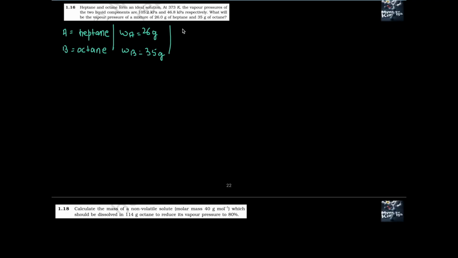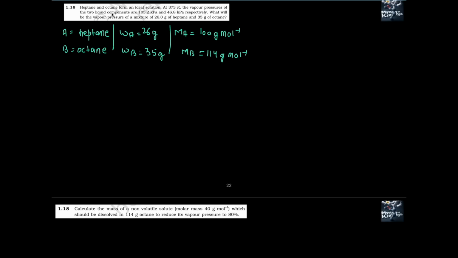We can easily find out the molar mass of heptane, C7H16. If we solve it, we'll find around 100 gram per mole, and molar mass of B would be 114 gram per mole, right?